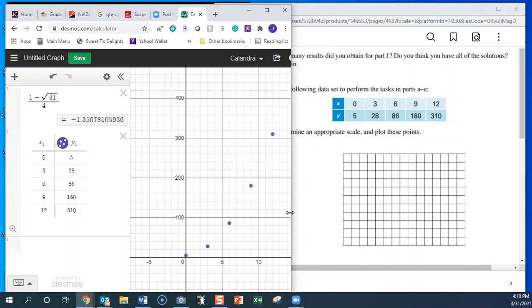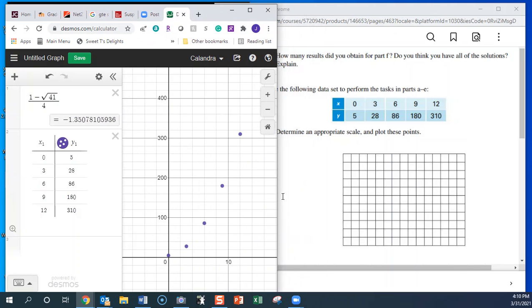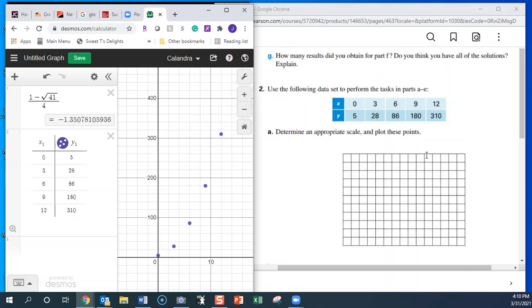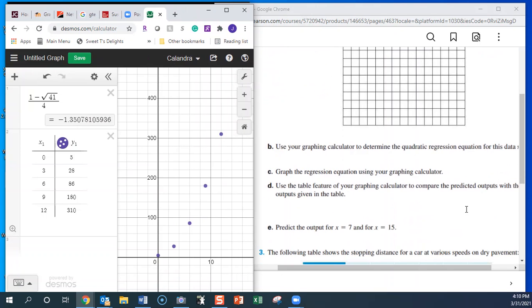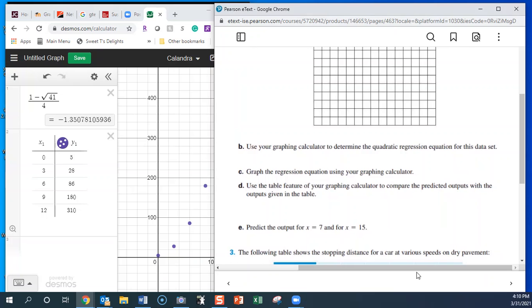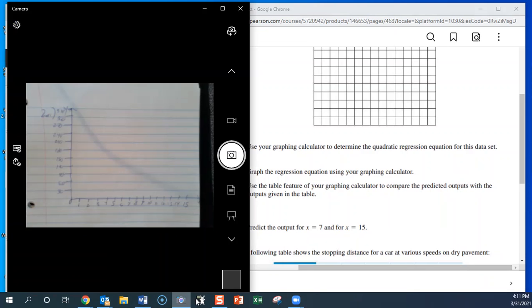Now, see if I could push this over just a little bit. All right. Now we go here to B. It says B, use your graphing calculator to determine the quadratic regression equation for this data set. Okay, so remember, let me pull this up real quick.